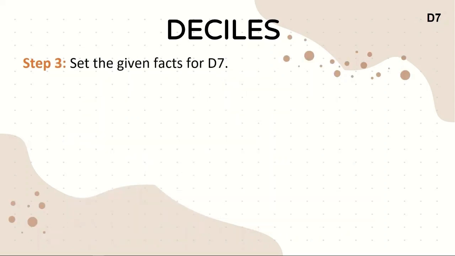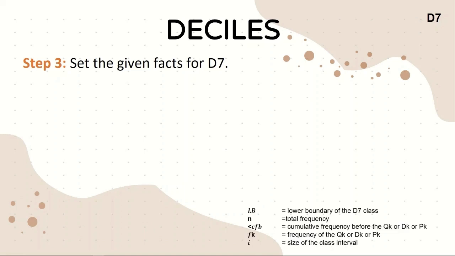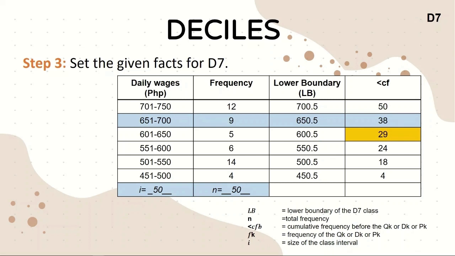So refer to the table for the given facts for decile 7. The lower boundary is equal to 650.5 and n is equal to 50.